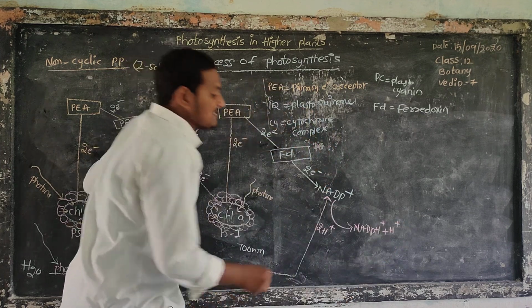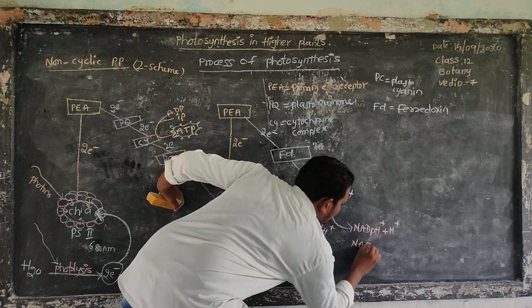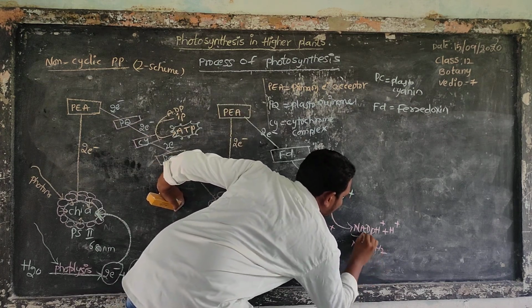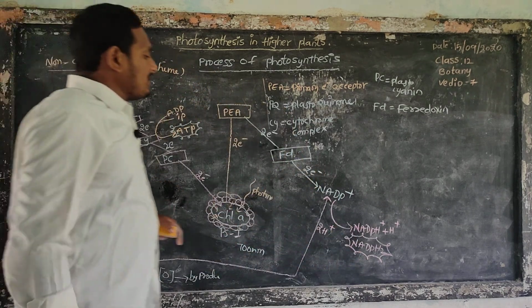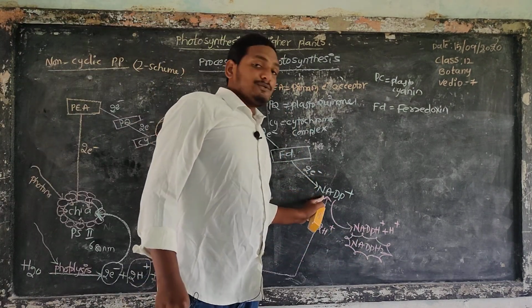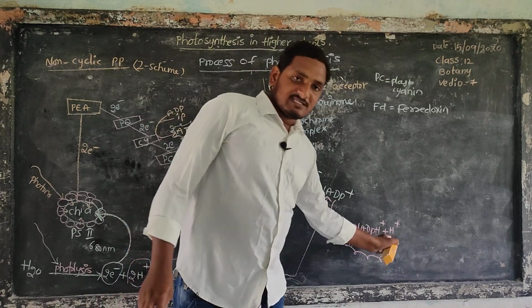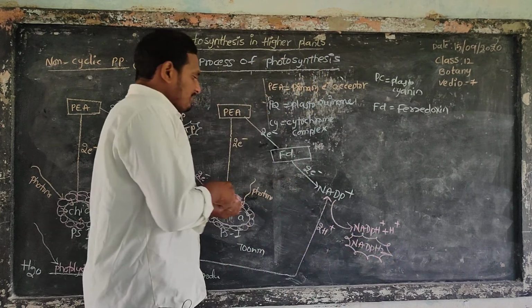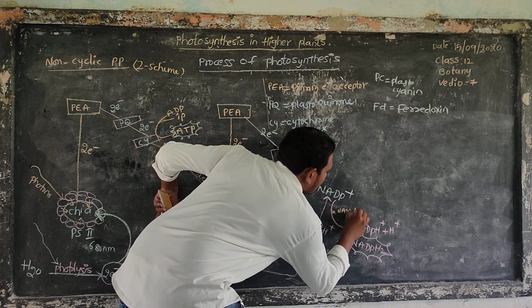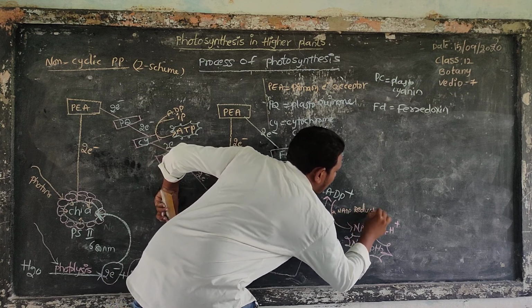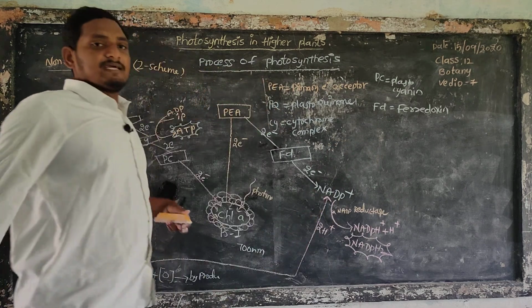Simply we are calling it NADPH2. This is reducing power. Here is the reduction of NADP plus into NADPH plus H plus by the enzyme NADP reductase.